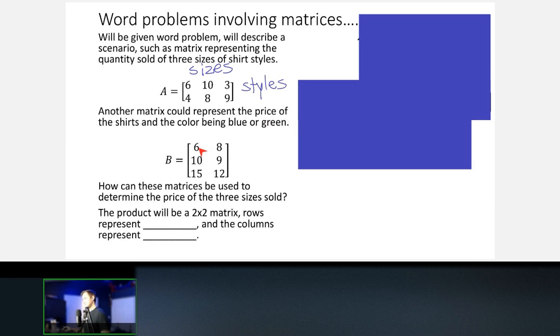But the elements themselves actually represent the prices. These are the prices of the different sizes and the different colors, not the different styles though.